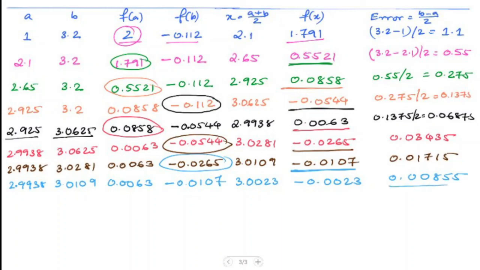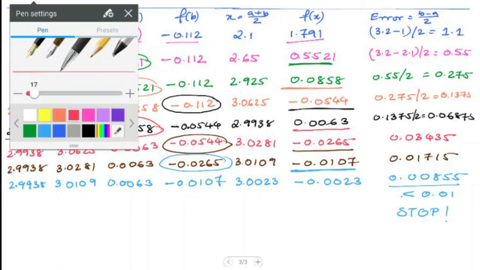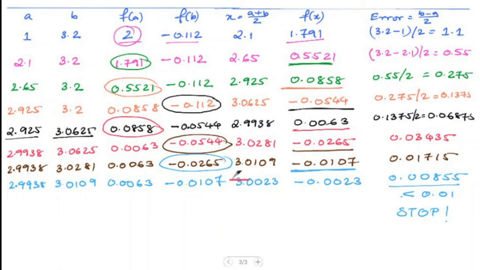Now this one here is less than 0.01, so we finally got our error, which is less than 0.01. So here we'll stop our calculation. We have arrived at our root of the function, which is this one here. This is our root of the function given to us in this question.